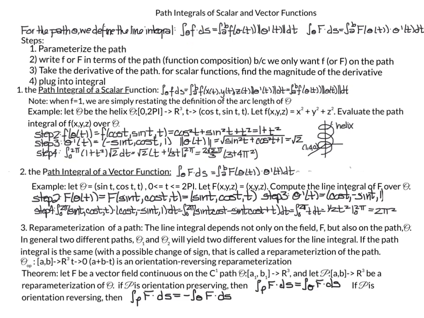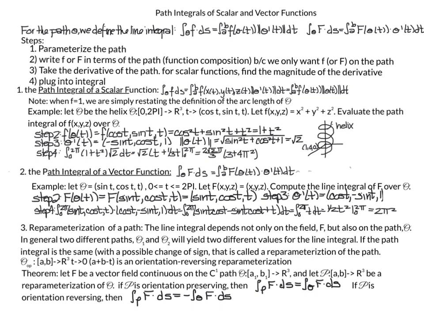So we go from a to b, and here a to b is given to us when we parameterize. So we're going from 0 to 2 pi, and then we're going to have our function composed with our path. That was over here. So that'll be our 1 plus t squared, and we're going to multiply it by the magnitude of our derivative, which is the square root of 2. And then you solve this integral and you get your solution.